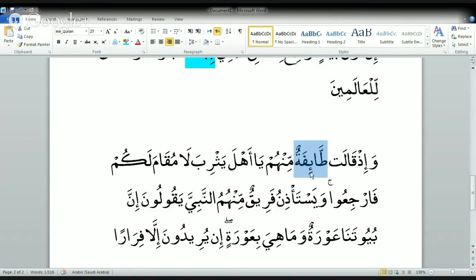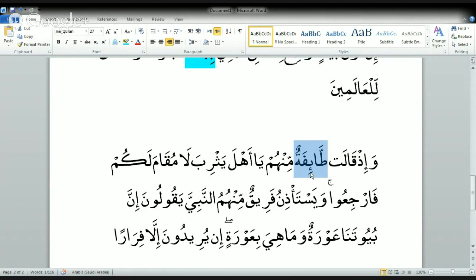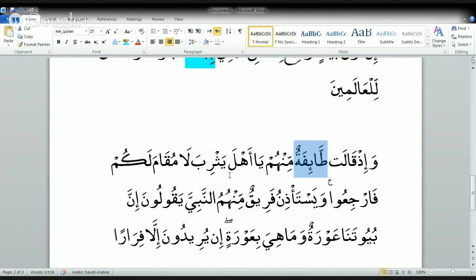No, Ta'ifa is a neutral group. A group of young people would be Fitya, in Surah Al-Kahf. وربطنا على قلوبهم، إنهم فتية آمنوا بربهم وزدناهم هدى. Yeah, we'll see that.